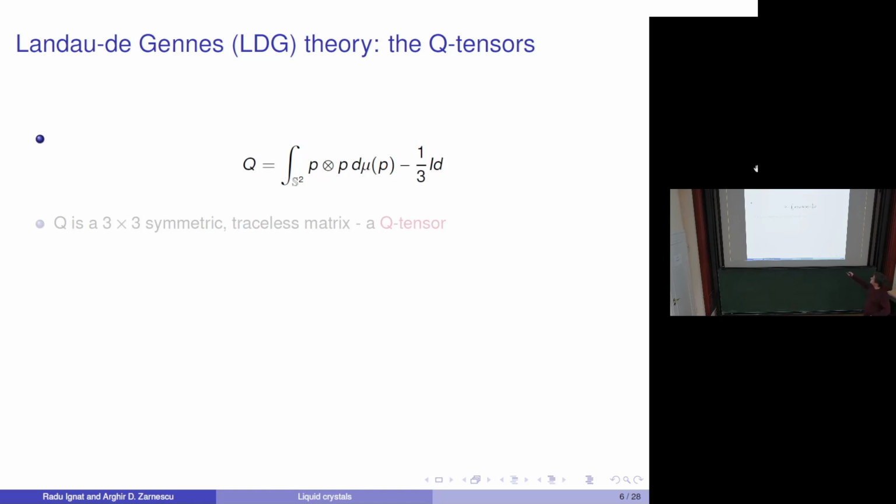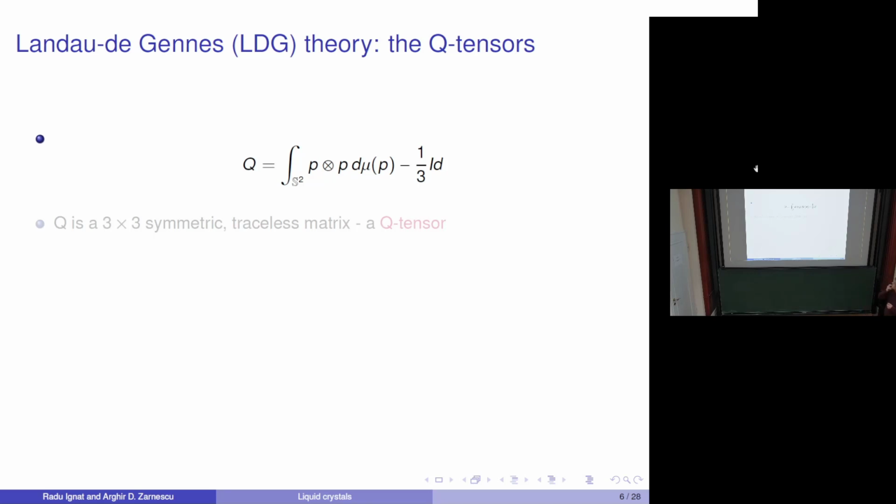What you are integrating here is really a matrix, because p tensor p is a matrix. p is a unit vector that has components p1, p2, p3, and then p tensor p is a 3 by 3 matrix that has ij component pi pj. Then you integrate this with respect to this measure, and you obtain a 3 by 3 matrix.